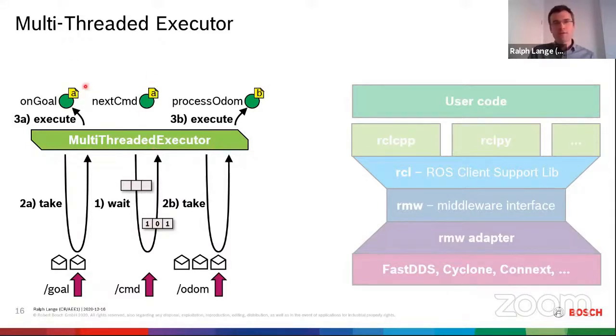And there are two types of groups, a re-entrant group and a mutually exclusive group. The callbacks of a re-entrant group may be processed in parallel. Callbacks of different groups may be processed in parallel, but the callbacks of a mutually exclusive group must not be processed in parallel, which then saves you from thinking about synchronization mechanisms within your node when accessing shared variables between these callbacks.